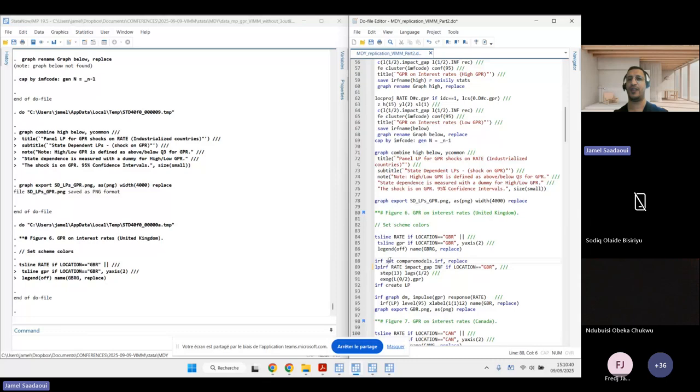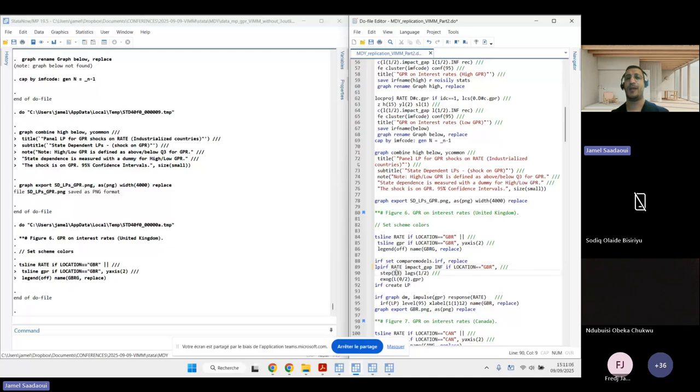First, like in VARs, in Stata you have to first set a database for the impulse response function. This database is compoundmodel.irf.